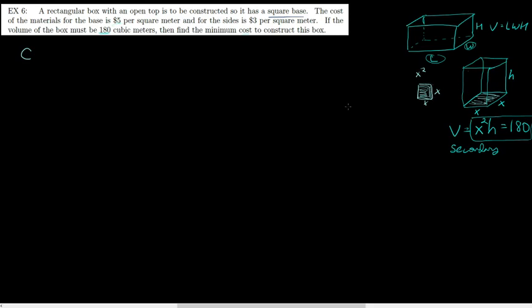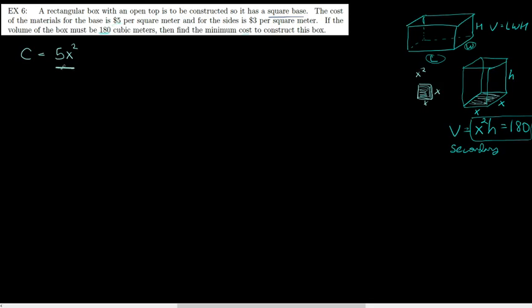We have to worry about the sides as well. So the cost is going to be $5 times the area of the base. I'm using x equal to 5 just as an example; I would be surprised if it's the answer, but it could be. So that's the cost of just the base.